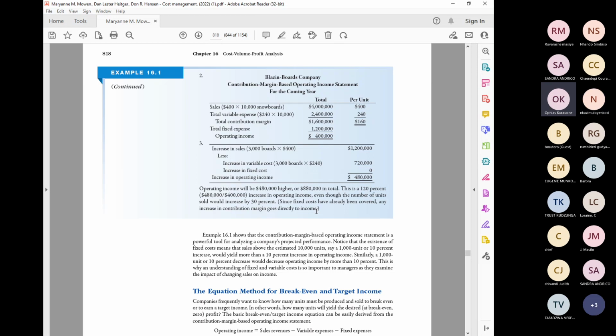The income statement should start with sales. Sales is 400 times 10,000 snowboards, which is 4 million. Per unit, it's 400.